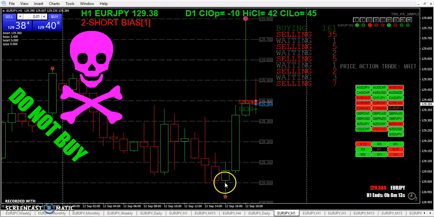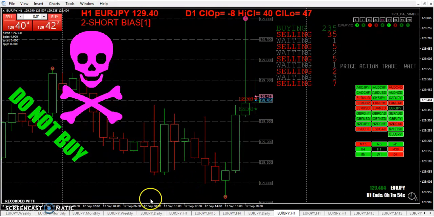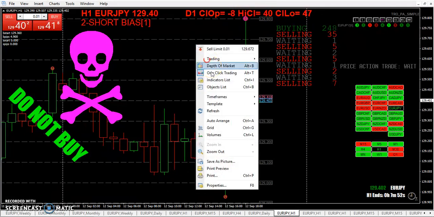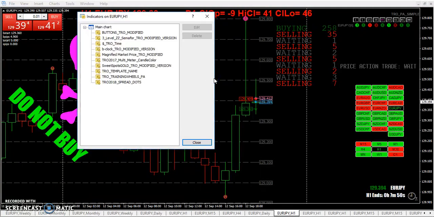So even here, red at the line, next hour, there was profit to be made. Green at the line, next hour, profit to be made. So you can see right here, we already had a green at the line and there was profit to be made. So we'll be looking for a red at the line. So you can use the semaphore indicator or not.